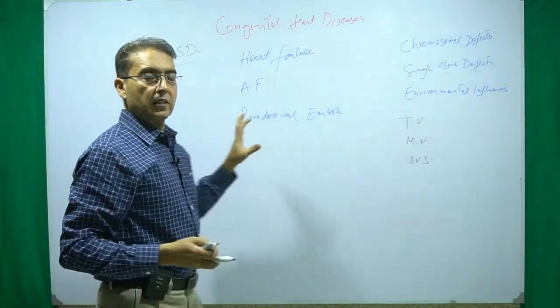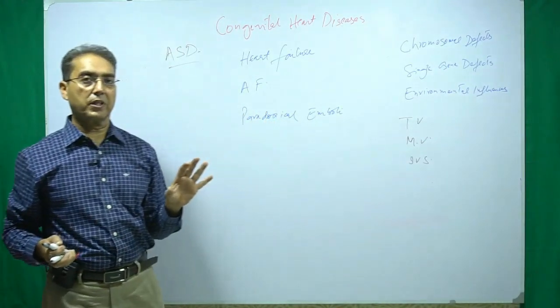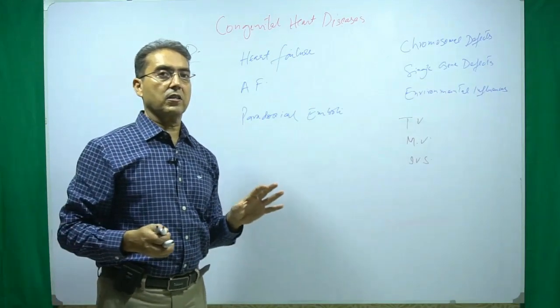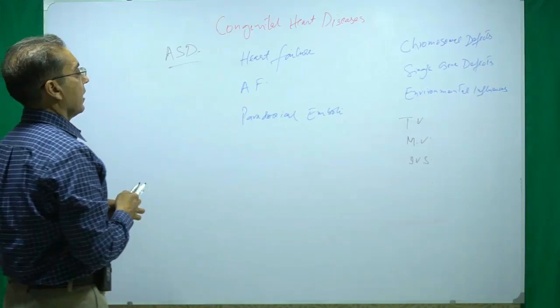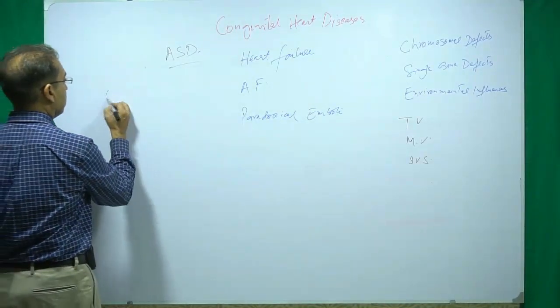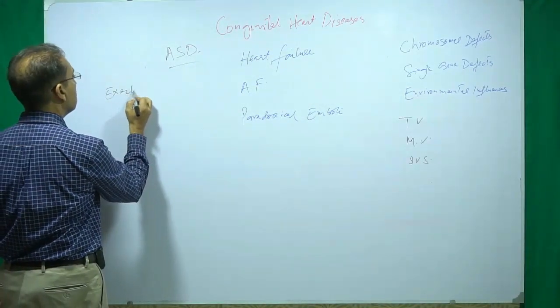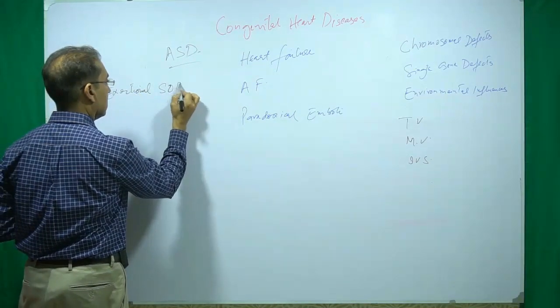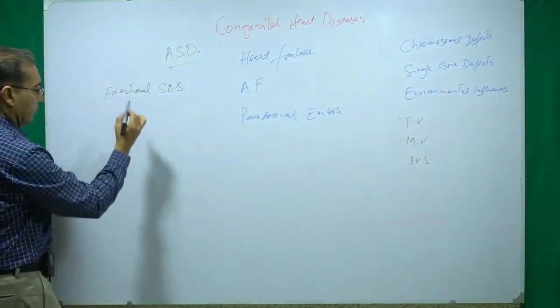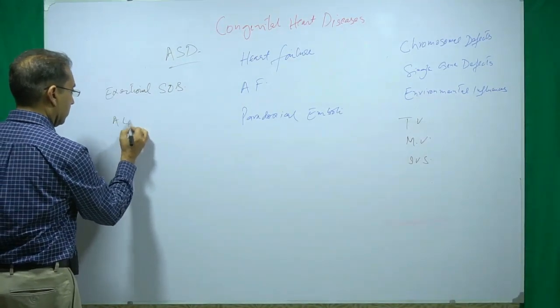We discussed that as the pressure on the right side keeps on increasing, the right heart ultimately starts failing, and we have features of right heart failure, and the patient has exertional shortness of breath. Patient may have ankle edema.